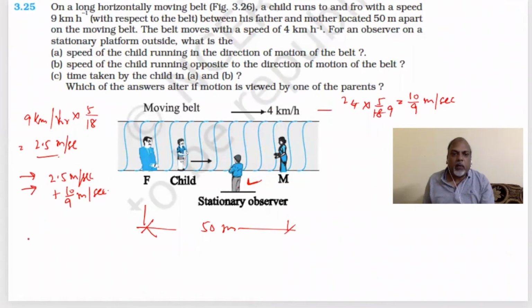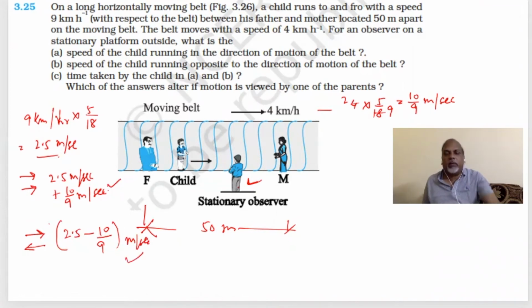When the moving belt is like this and the boy is moving like this, then this will be 2.5 minus 10 by 9. This will be the velocity with which a stationary observer will see the boy running.